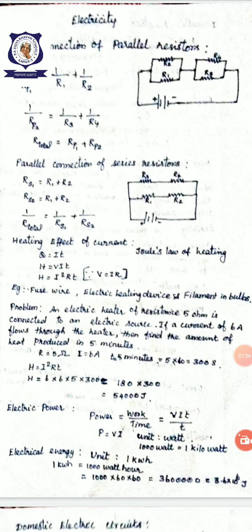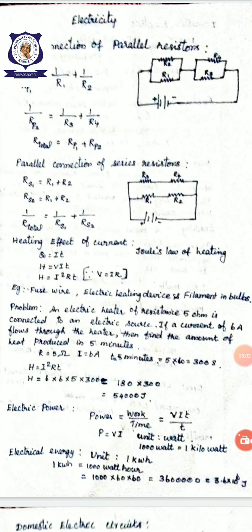Joule's law of heating states that the heat produced is directly proportional to the square of the current flowing in the circuit, directly proportional to the resistance of the material of the coil, and directly proportional to the time of flow of current. So H is equal to I square RT.